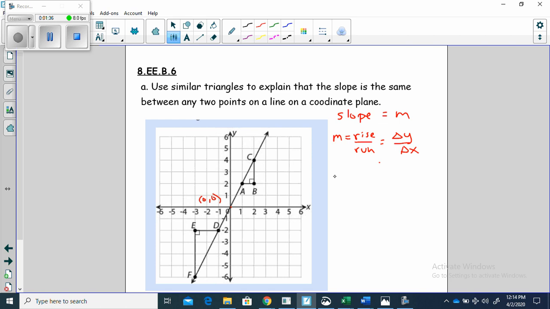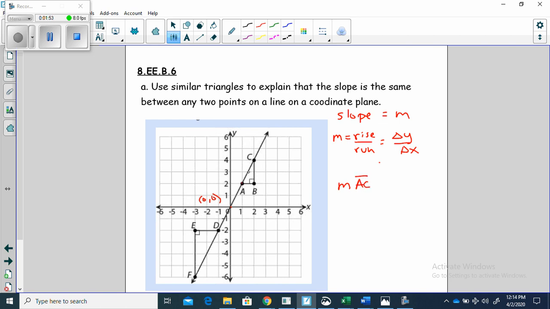Okay, so we're going to look at finding the slope at different places on this line. Let's start by finding the slope using line segment AC.